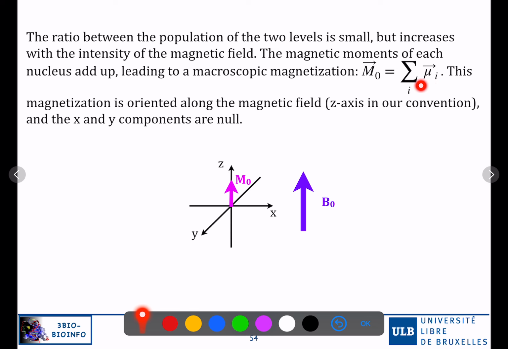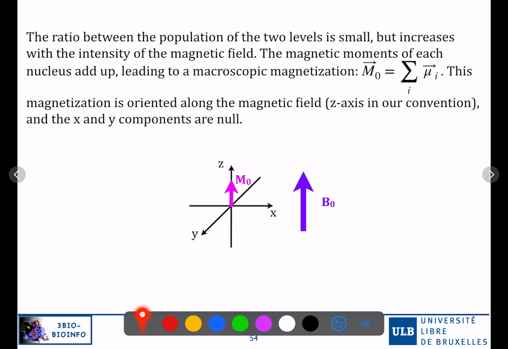And so we have seen that if you have exactly the same number of magnetic moments oriented in the same sense as the magnetic field and magnetic moments oriented in the opposite sense, then the sum will be equal to 0. We have no magnetization.